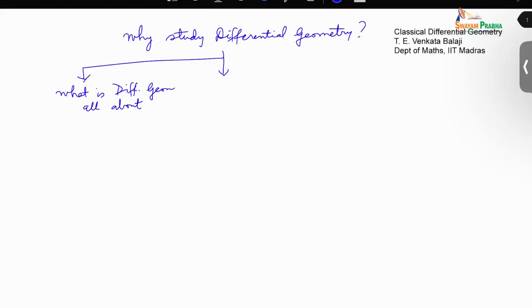Okay, so what type of questions does differential geometry pose or answer? Okay, so this is the second question you can ask.